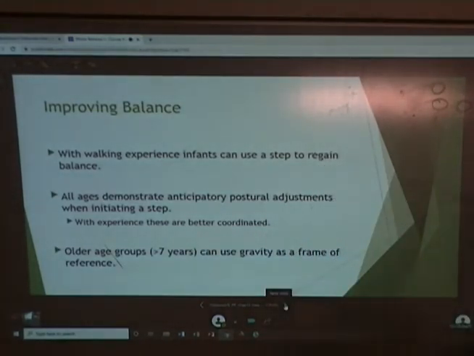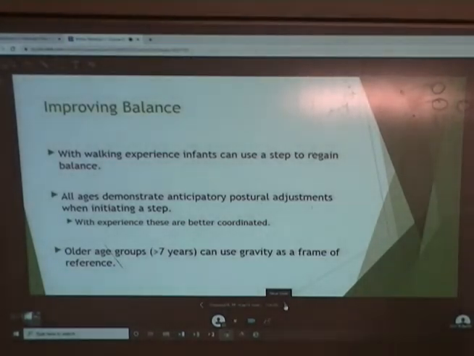So again, we see this anticipatory postural adjustment before moving.